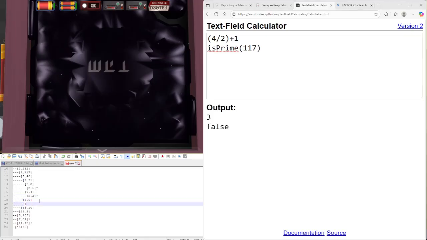Becomes 3. Then becomes 2, 3. This becomes 2, 5, 6, and 3.